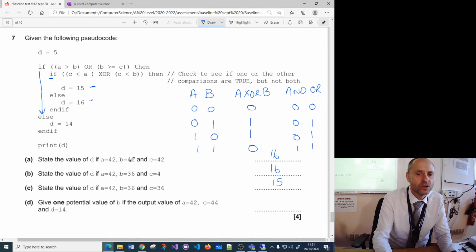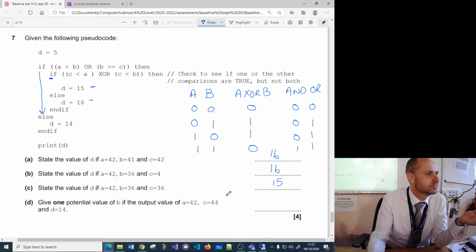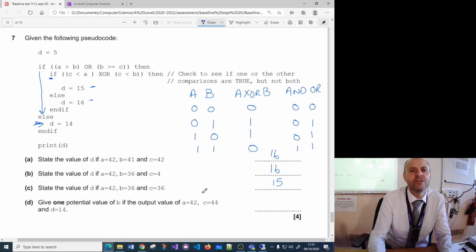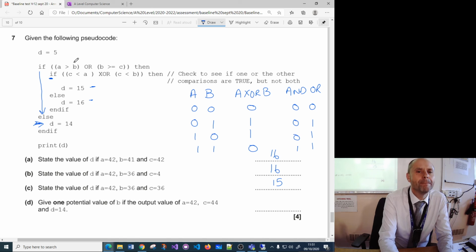And then the final one, we've got A is 42, B, where's B? Oh, give one potential value of B. Right, so this is what you would call the high order question, because they're switching it around a little bit and making you think. So we output 14, so we ended up down here, and they said a value for B. So we want both of these to be not true, don't we?